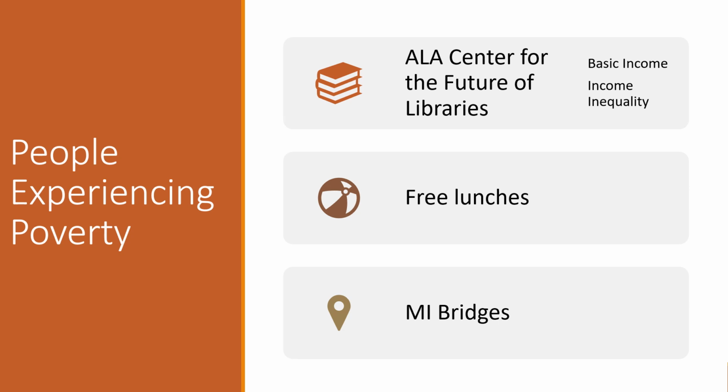Libraries have a different role in simply providing free computers and meeting spaces for the applicants and their counselors or social workers. We can help people use the computers and navigate the website, the technology, without necessarily offering advice on what information to include on the form. We offer the same basic tech support to bridge card applicants as we would to any other computer user.